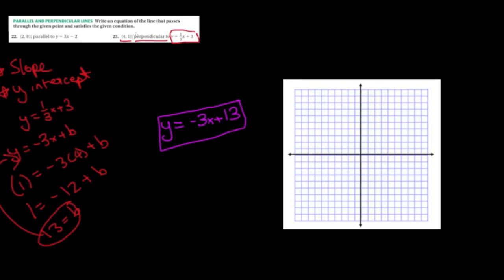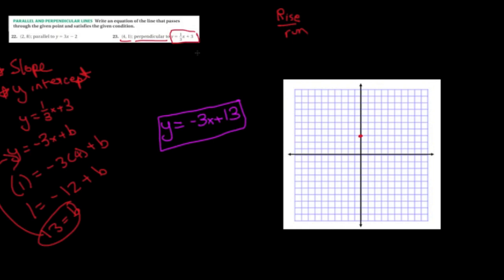So let's do this one again first. So we start at +3, that's our y-intercept. So I'm going to do this one in red. So 1, 2, 3. So that's our starting point. And so again, it's rise over run.